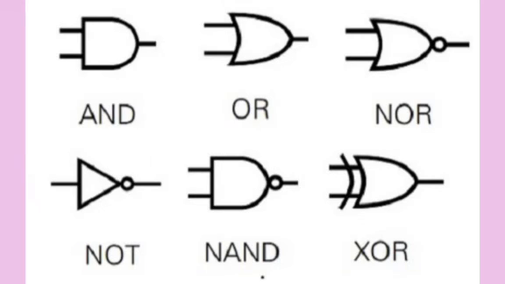Looking at the diagram briefly, it shows how well we know all our logic gate diagrams, which run from AND, OR, NOT, NAND, NOR, XOR, and exclusive NOR.